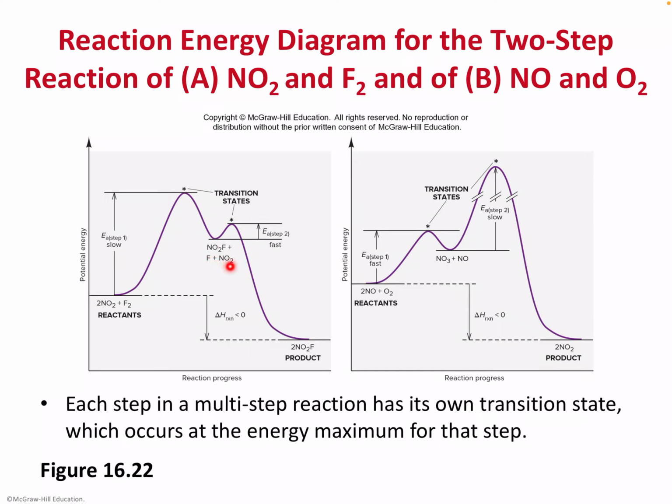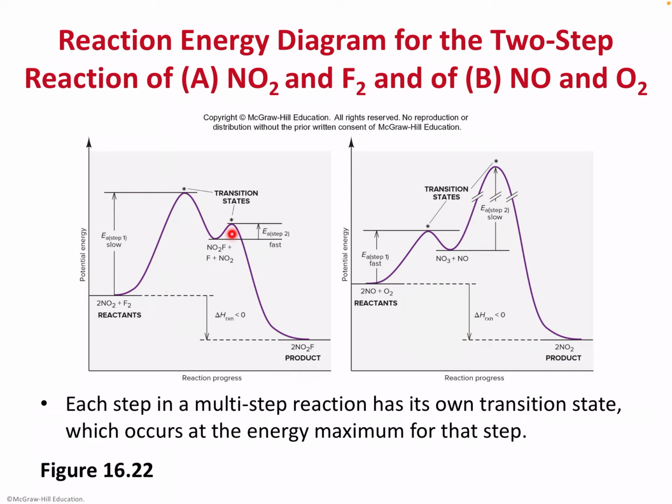So we have not come to the product yet. So there are two steps, and this is the first step. And then the second step also has an activation energy. That is fast, because the activation energy is small, and this one needs more activation energy, so it's a slow step.